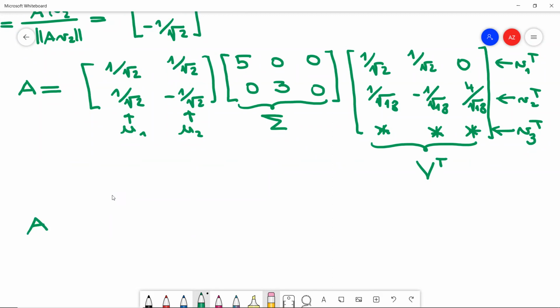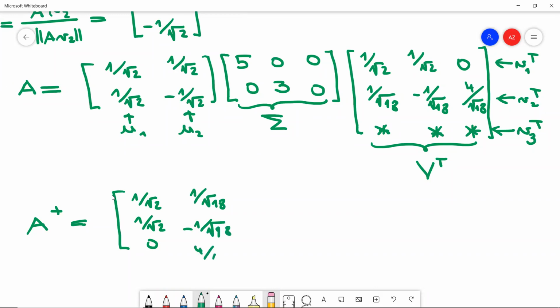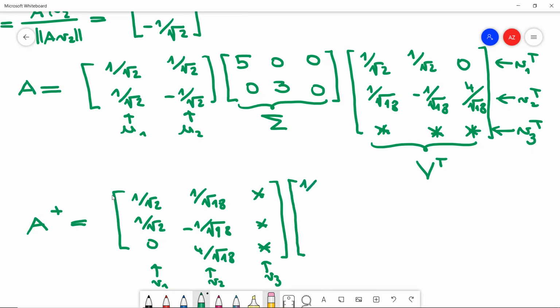And at the end, A plus, we said that this is V. So V1 is 1 over square root of 2, 1 over square root of 2, 0, and then V2 is 1 over square root of 18, minus 1 over square root of 18, and 4 over square root of 18. And we don't need the third column. And we invert sigma, so we get 3 rows and 2 columns, and on the diagonal we have 1 over 5 and then 1 over 3.